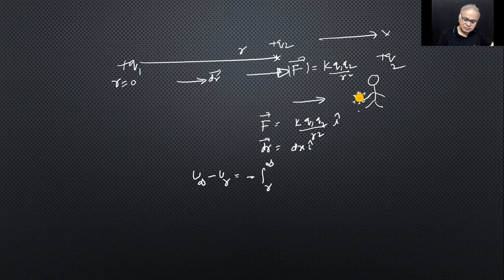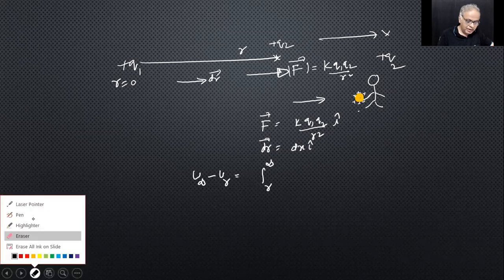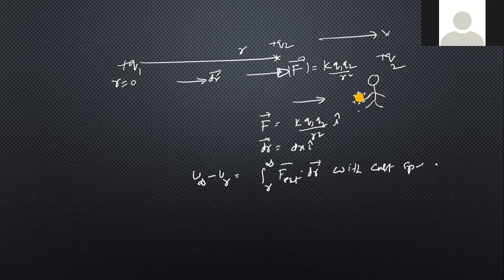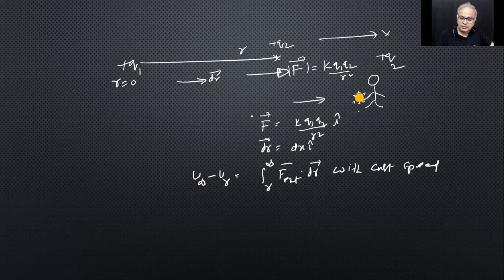Okay, remove this and write F external dot dr with constant speed. And if the constant speed is there, F external will be equal to F electric, mod. So R to infinity, right? So F dot dr will be how much now? Yes, sir.